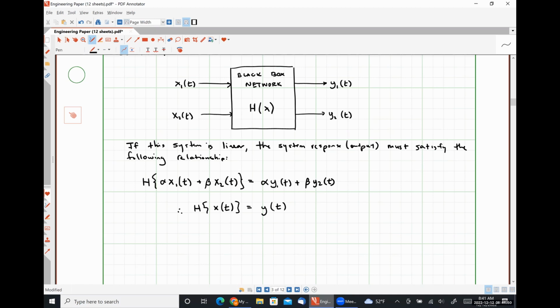Okay. So effectively what this mathematical expression says is that if I have some inputs, x1 and x2, and I scale those inputs, x1 being scaled by a factor of alpha, x2 being scaled by a factor of beta, and my system acts on them, if this system is linear, the output will simply be alpha times y1, the output caused by x1, plus beta times y2, the output caused by x2, or I can treat it as if I have a total input x of t that is equal to alpha x1 plus beta x2, it generates a total output y of t that is equal to alpha y1 plus beta y2.